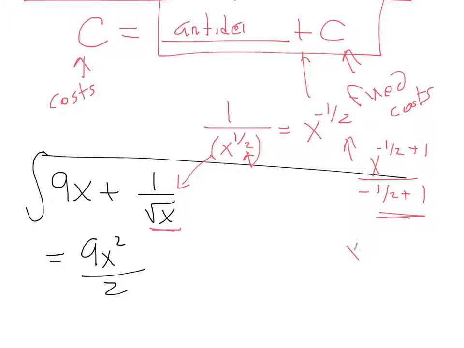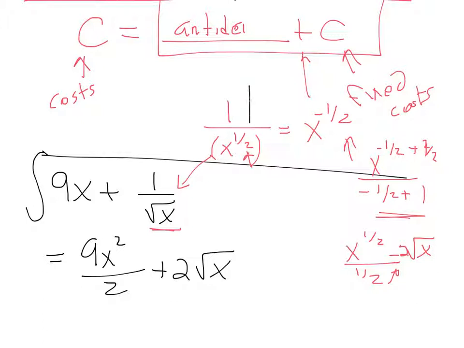So that's like 2 over x to the 1/2 over 1/2, which is the same thing as the square root of x, and I could bring that 2 up to the top.